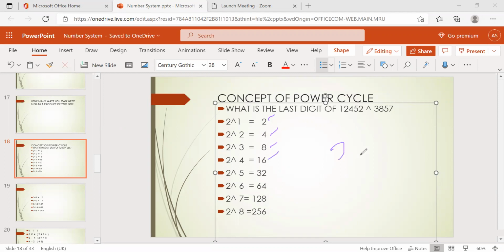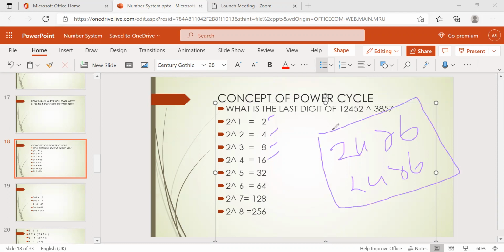What are the digits? 2, 4, 8, 6. After that also we are getting 2, 4, 8, 6 only. The same pattern, right? This is the repetition of the power cycle.